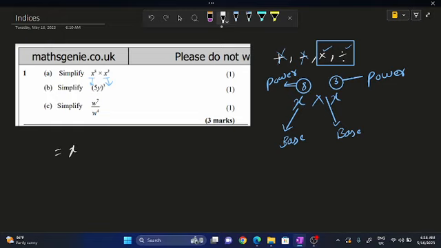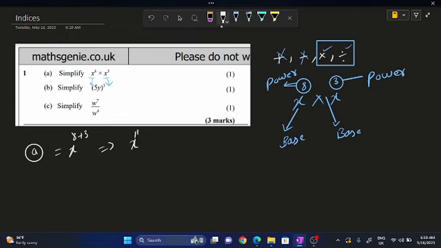When bases are the same, powers are added. So write x one time and add the powers, that would be 8 plus 3. That gives you x raised to the power 11. That is the answer for A part.